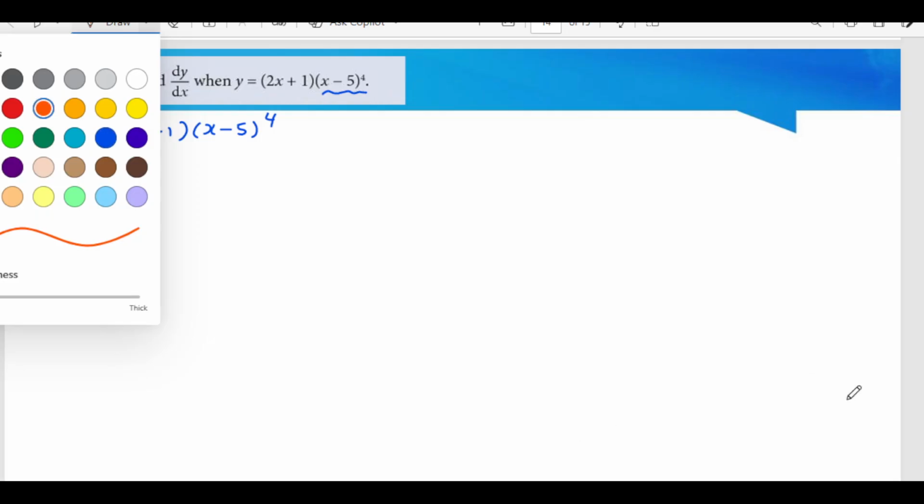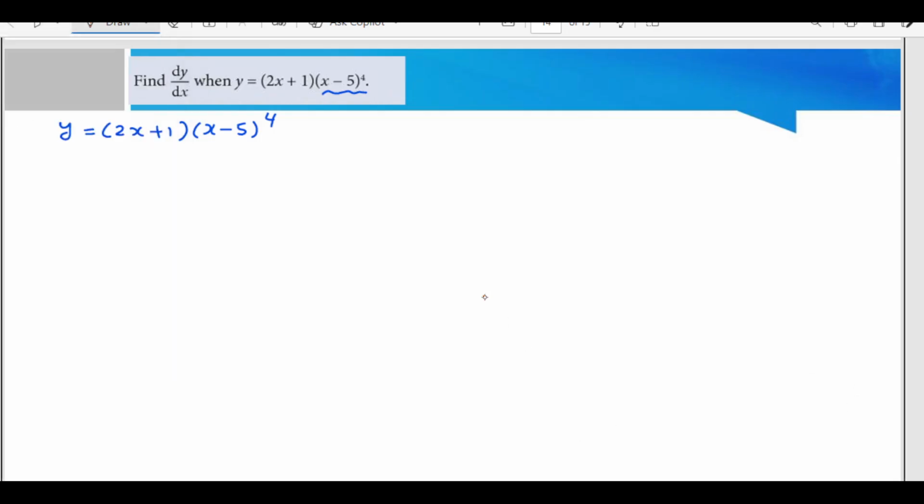Here I'm taking the first function as u and the second one as v. So that gives us u = 2x + 1 and v = (x - 5)^4. Then we will differentiate this. Differentiating u by x, du/dx gives us 2 plus 0.